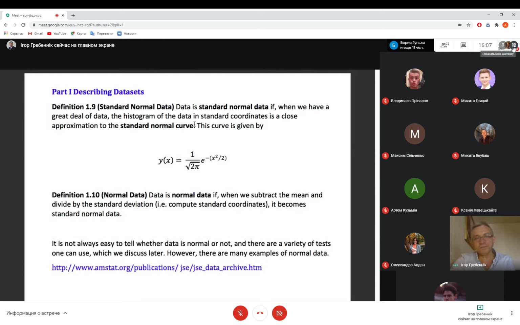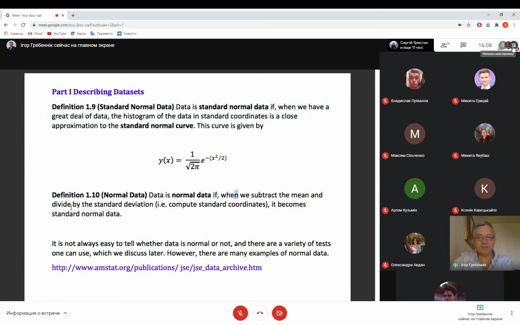We should remember this formula. We should remember this definition, because you will use it in your learning of theory of probabilities and in your practical activity in the data science area.